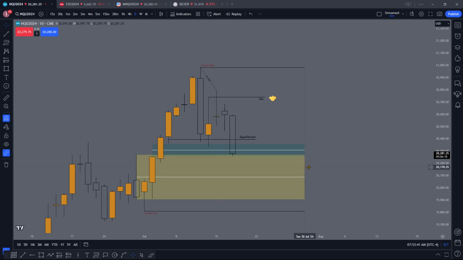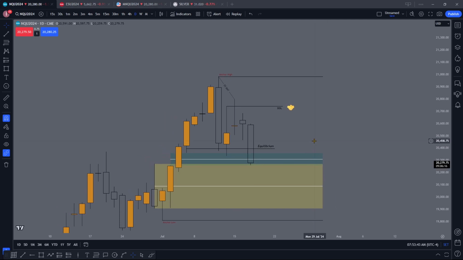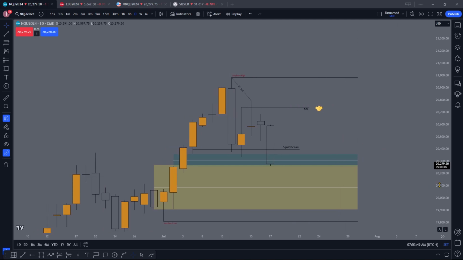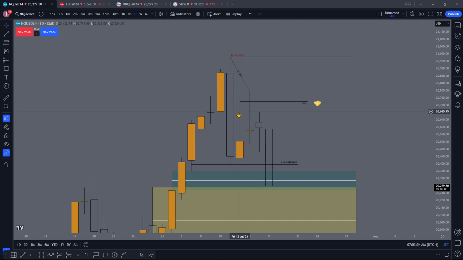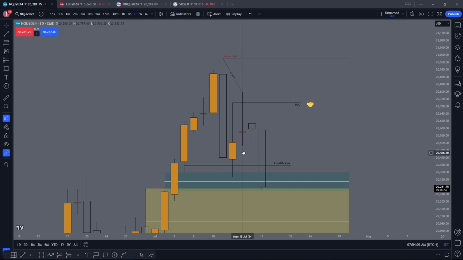So let me get into the first scenario and how I'm anticipating both scenarios to play out. The first thing is how on Monday we had the previous range taken out. Notice how this candle here looks. Notice how it doesn't really close up or doesn't really close lower.